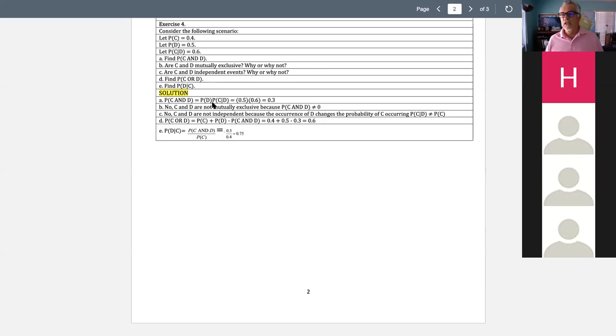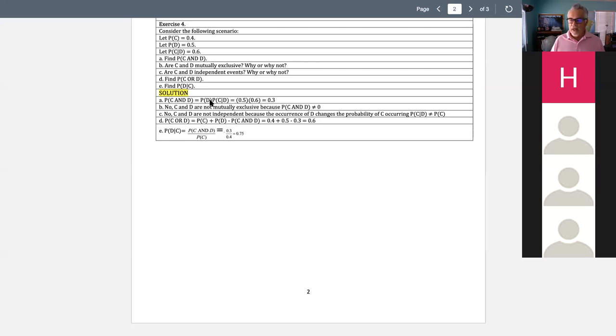It's called the multiplicative rule, and it's described in great detail in your textbook. So when we factor using the multiplicative rule, we can substitute from the scenario.